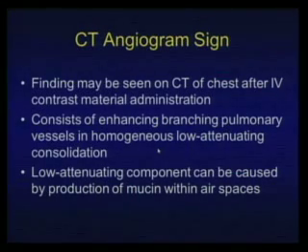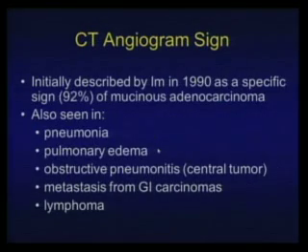When you have a consolidation area and you give contrast material, you can see the vessel in the consolidation because the consolidation has a hypodensity. And the hypodensity is because of the mucin production of the tumor. That particular sign was described in 1990 with a 92% specificity for mucinous adenocarcinoma.